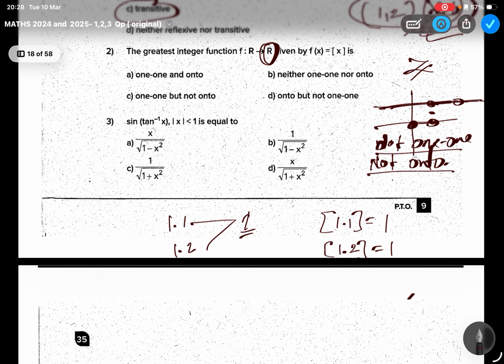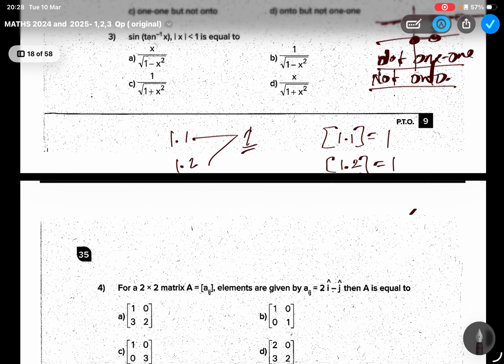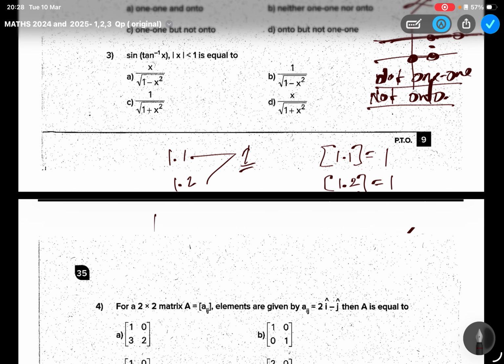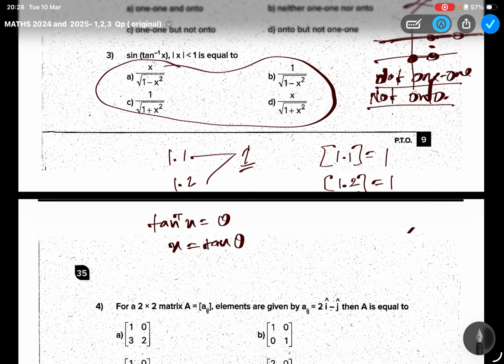Now sine of tan inverse x, this is a very easy question. Consider tan inverse x is equal to theta. x is equal to tan theta. Now in all four options you have to substitute tan theta as x. If you are getting sin theta, that will be the answer.